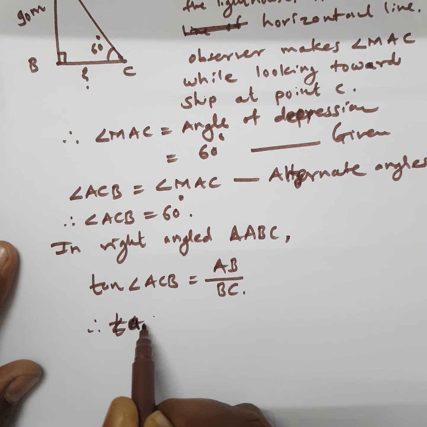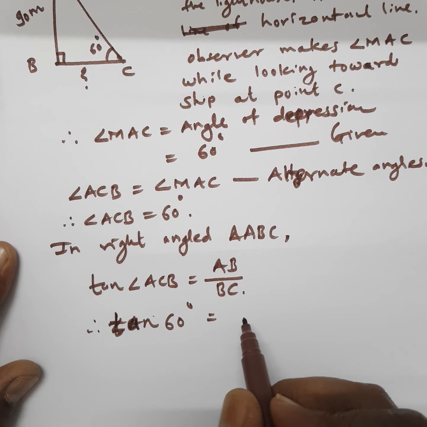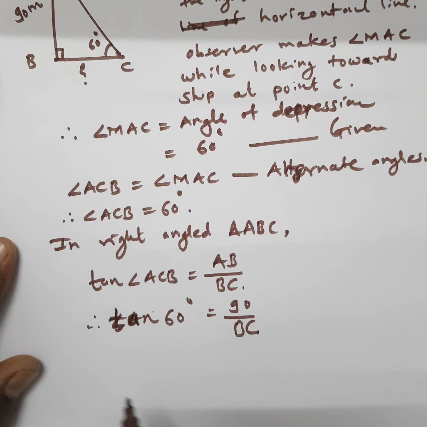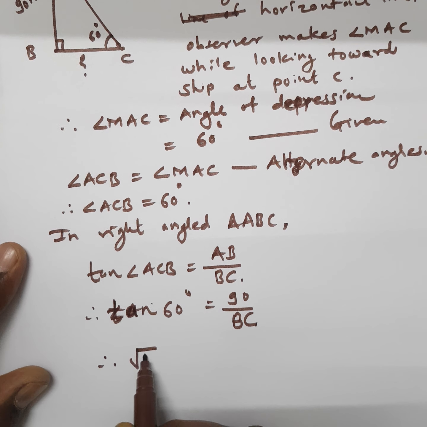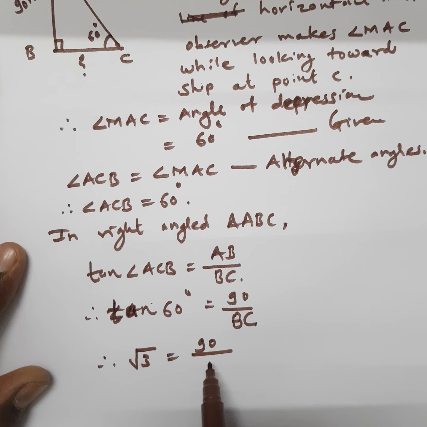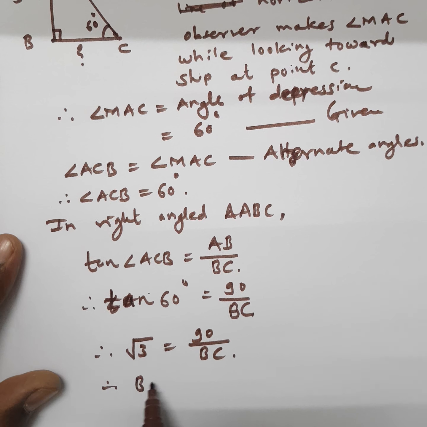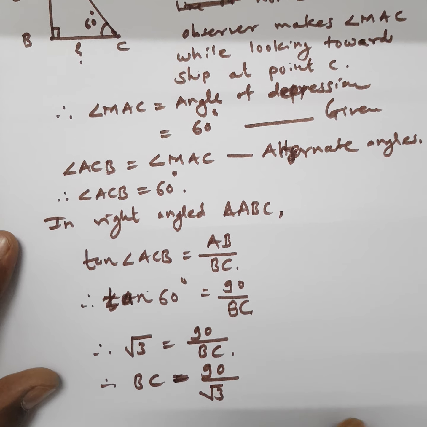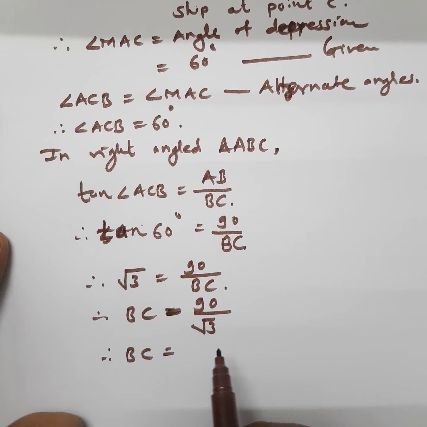Therefore, tan 60 degree is equal to AB 90 upon BC. Therefore, value of tan 60 from the figure is root 3. Root 3 is equal to 90 upon BC. Therefore, BC is equal to 90 upon root 3 by changing the sides of BC and root 3.